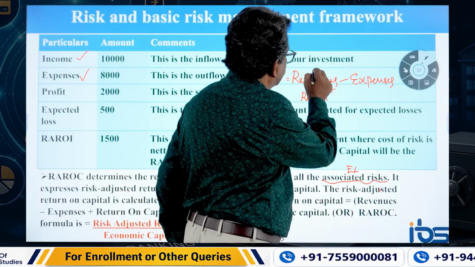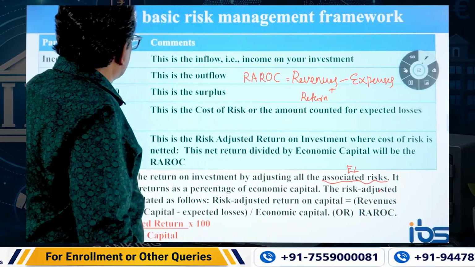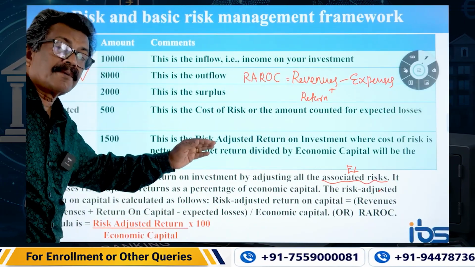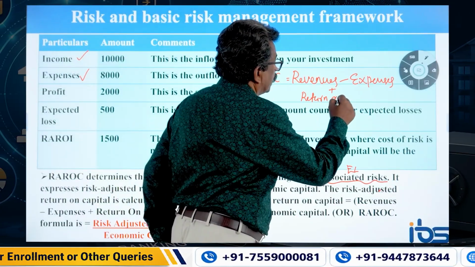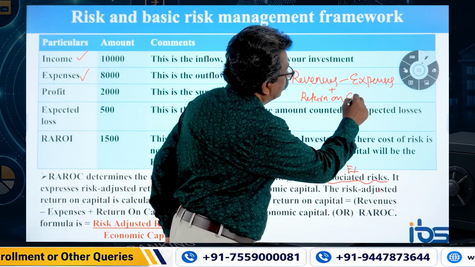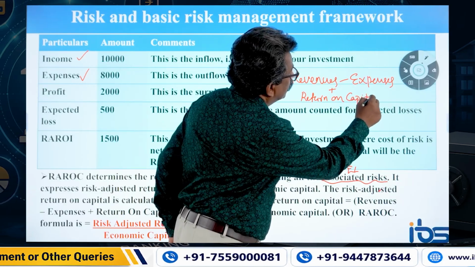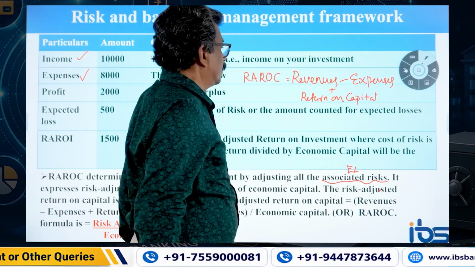That is also an income. Other than loan income and interest income, other income also has to be taken care of. That income includes return on capital. If anything is mentioned in your case study, you have to include that also.